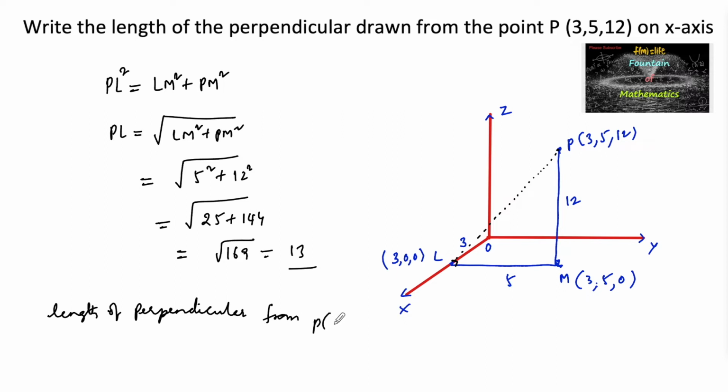from point 3, 5, 12 on x-axis is 13 units.